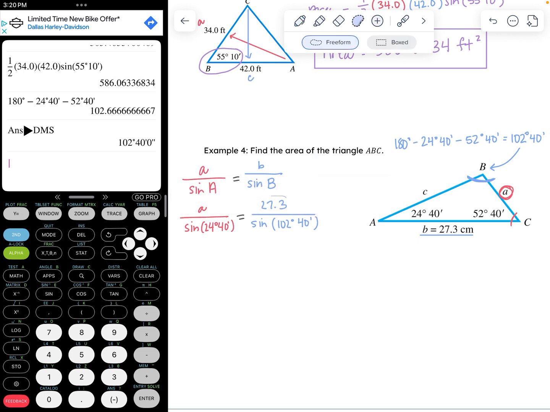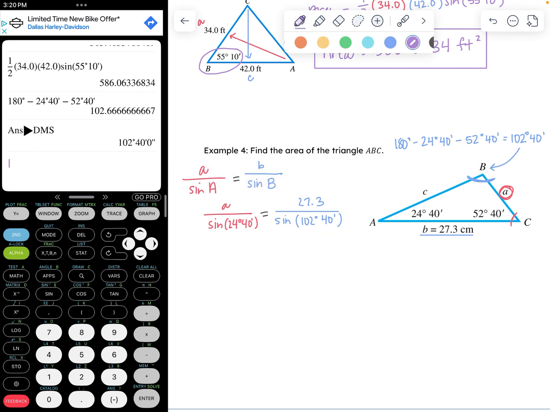A little longer. Okay, if I'm trying to get A by itself, I need to multiply both sides by the sine of 24 degrees and 40 minutes. So I'm going to multiply that over here. And that gets me A by itself and gets me something I can plug into my calculator.